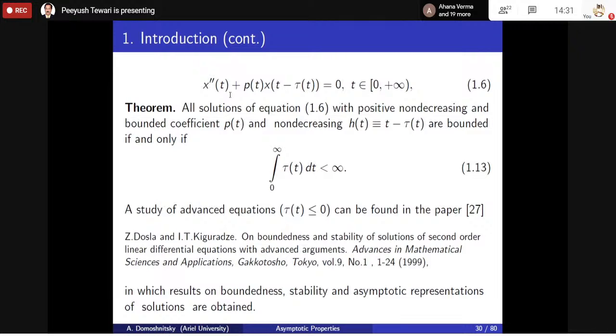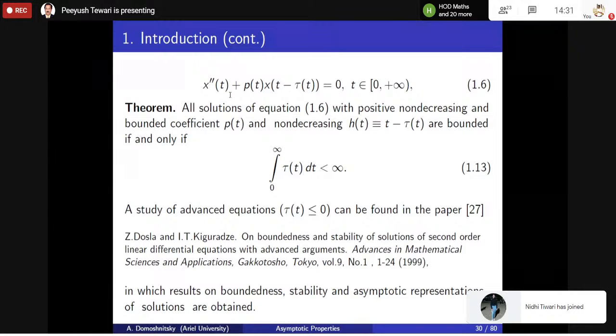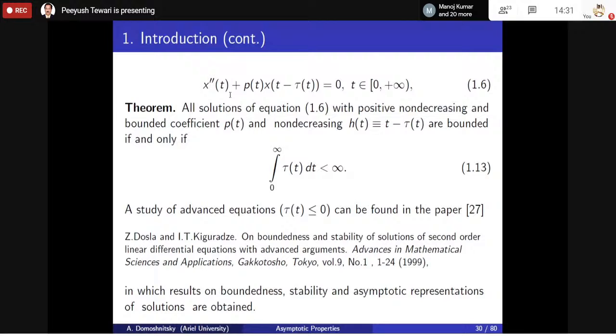A necessary and sufficient condition for all solutions of the equation to be bounded is the following. If p of t is bounded in 1.6, then the integral of the delay is bounded.